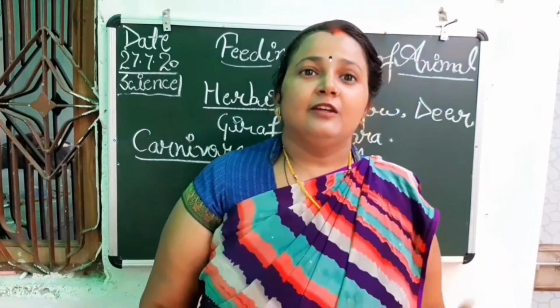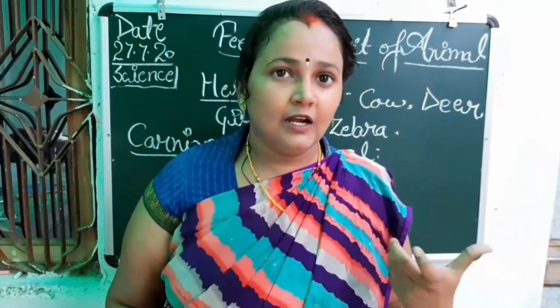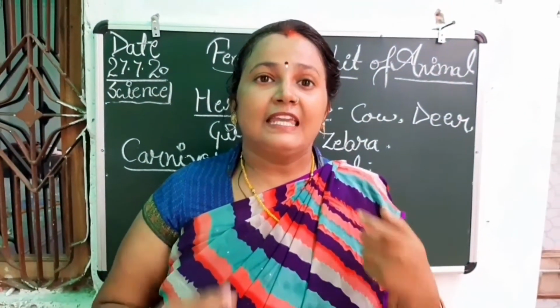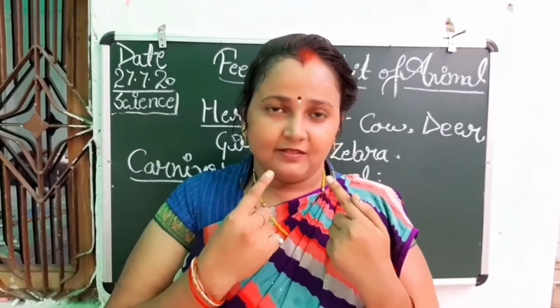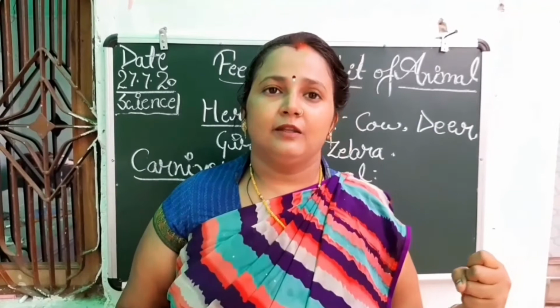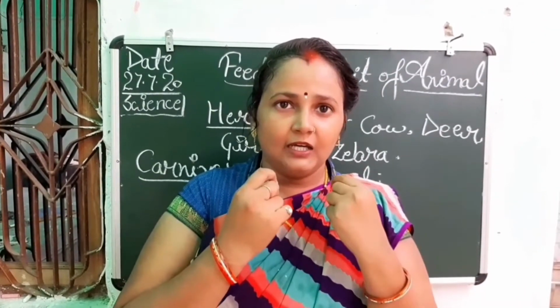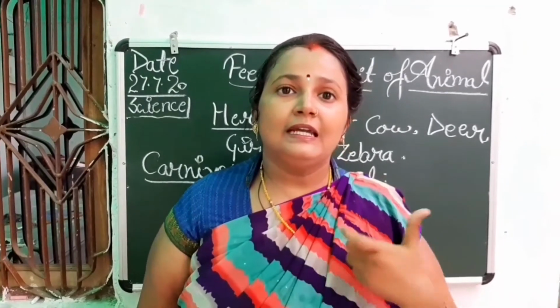In the same way, what structure do they have? The carnivores have sharp canines that help them tear the flesh of other animals, right? उनके पास ऐसे बहुत ही sharp नुकीले दांत होते हैं, canines. They are called canines.